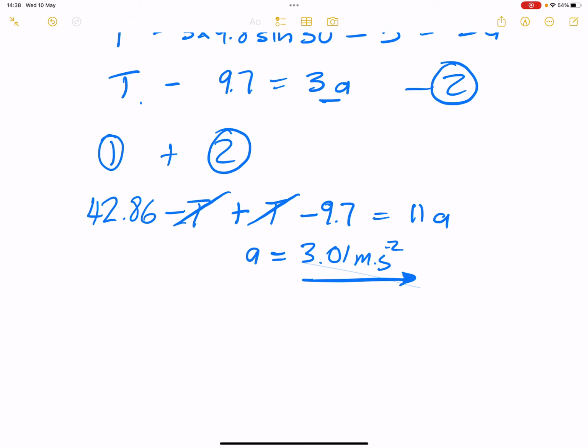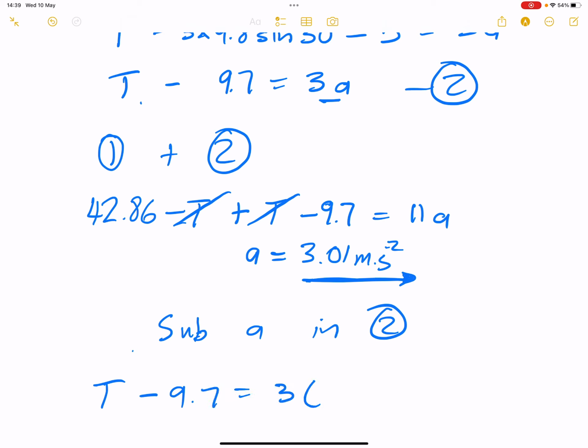Now that I want the tension, I can substitute this A value back into any of the two equations. I'm going to substitute for A in equation 2. In this case, that gives me T minus 9.7 is equal to 3 times 3.01.